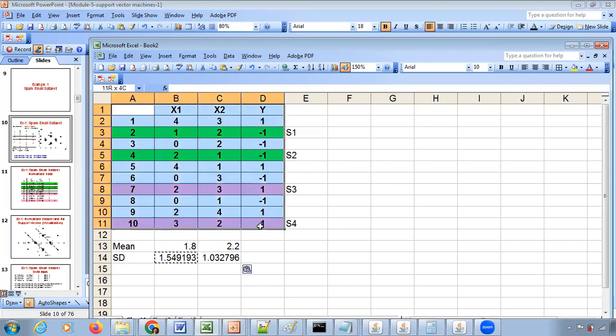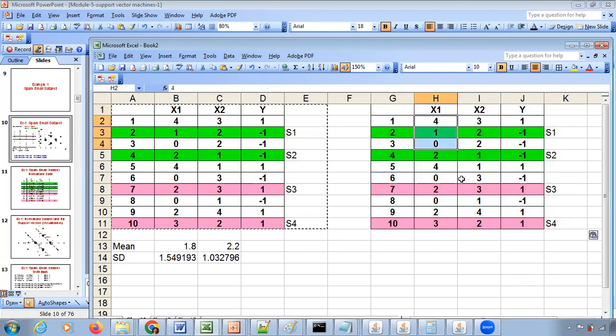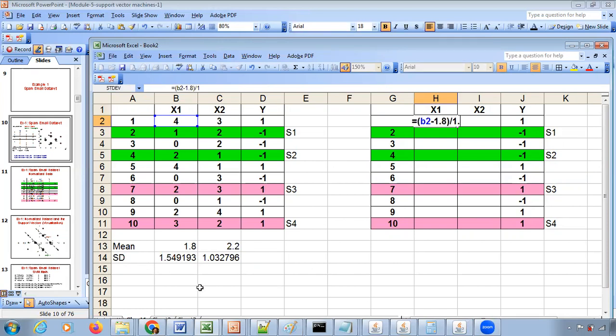We can copy the structure of this table, but of course the x1, x2 values are going to be normalized values. For x1, the normalization is whatever the value in B2, which is 4 there, minus the mean of x1, which is 1.8 that we find here, divided by the standard deviation of x1, which is 1.549193.